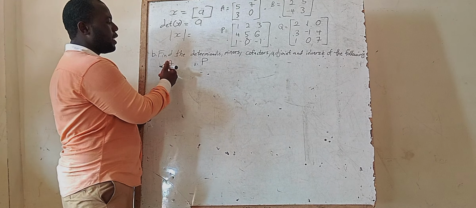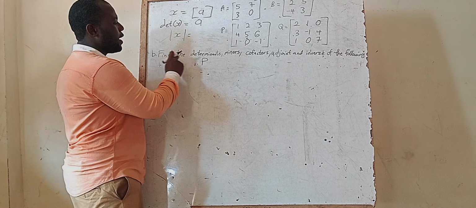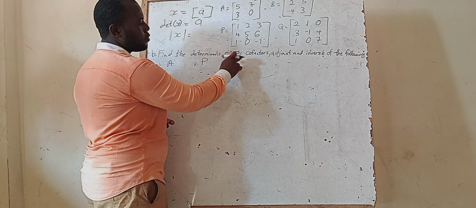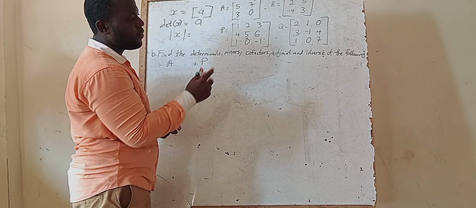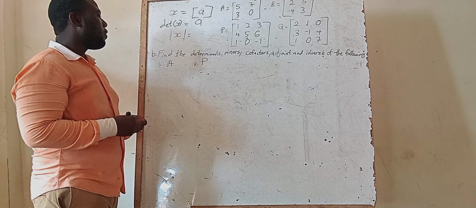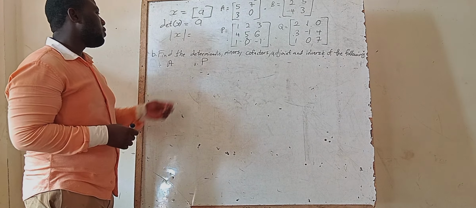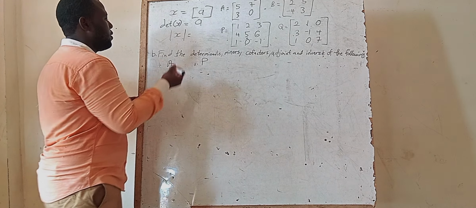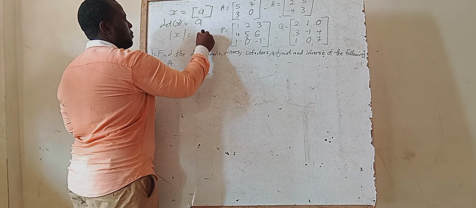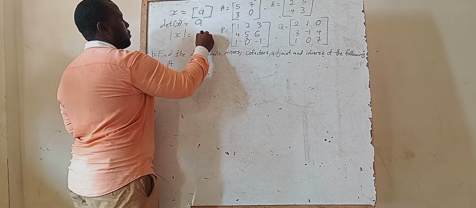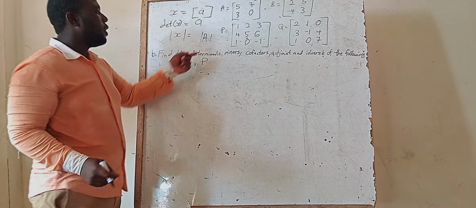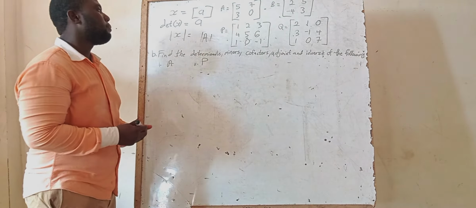So for instance, here they said find the determinant, minors, cofactors, adjoints, and inverse of the following. Instead of writing all this, they could have said find this. If they say find this, it means find the determinant of A.